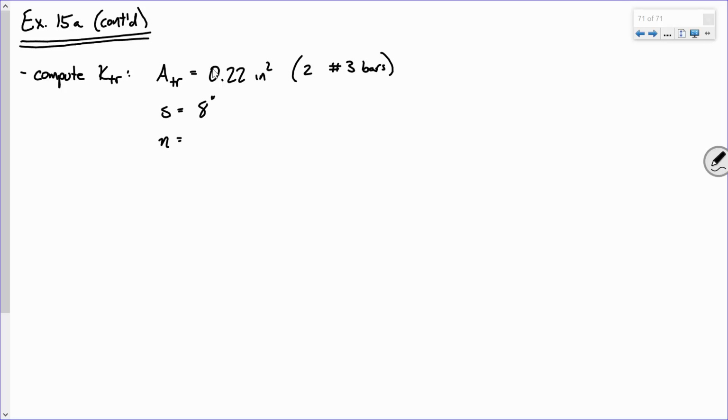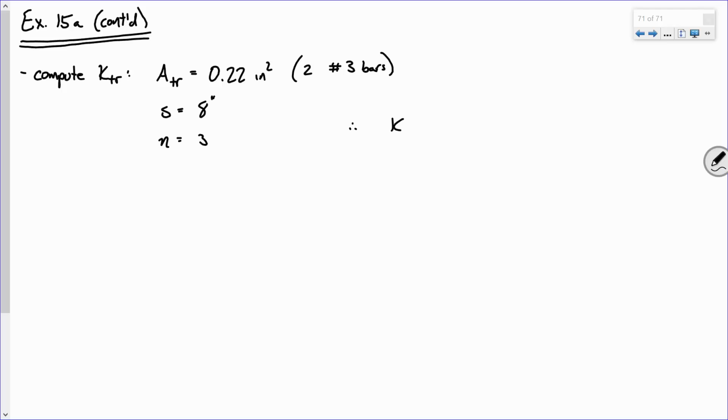Should be 3, right? There's 3 bars. You see what I mean? On that example, what is it? How many would it be? 4, right? Makes sense. On example B, it'd be 4. Everybody see that? Okay, so N is 3.